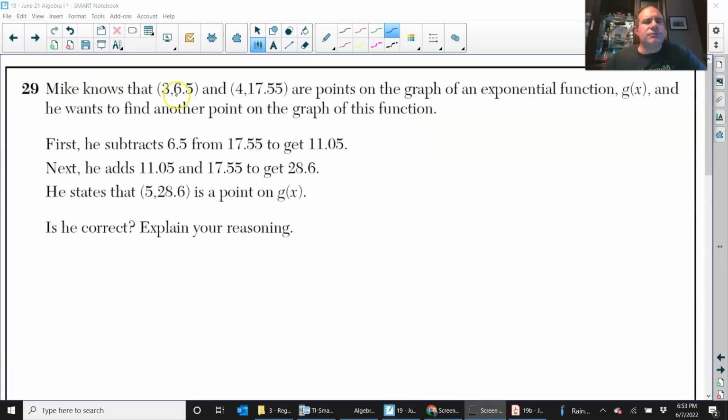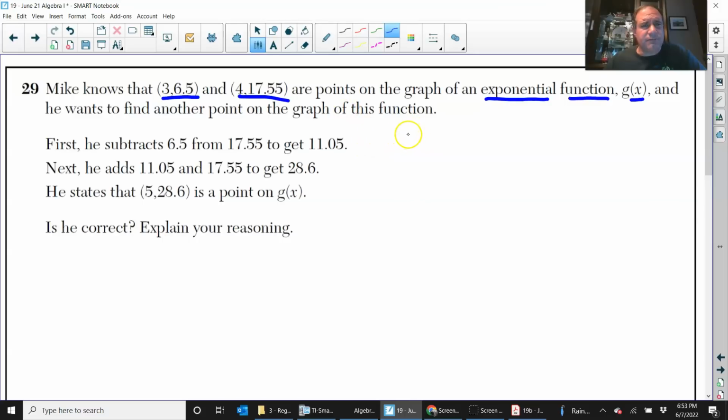All right, so Mike knows that (3, 6.5) and (4, 17.55) are points on a graph of an exponential function, g of x, and wants to find another point on the graph of this function. First, he subtracts 6.5 and 17.55 to get 11.05.